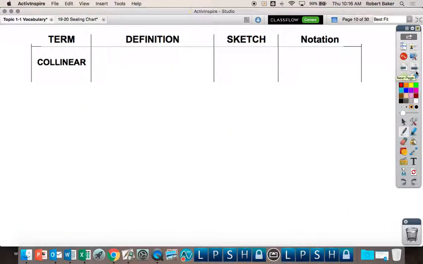Alright. Who knows how to read this? Who wants to try and say that? What do you got?